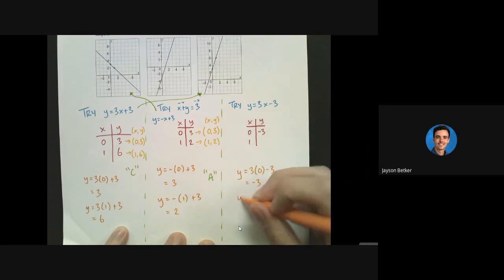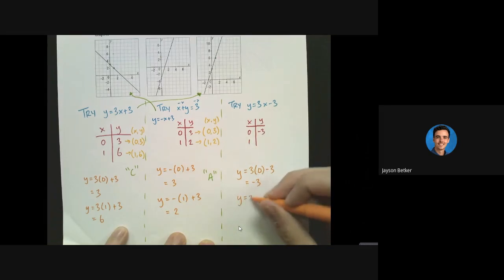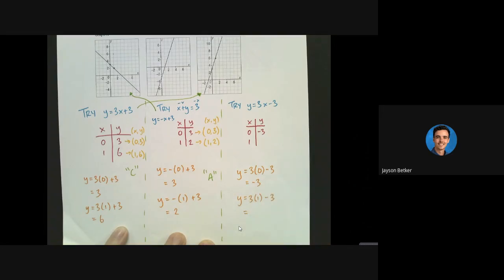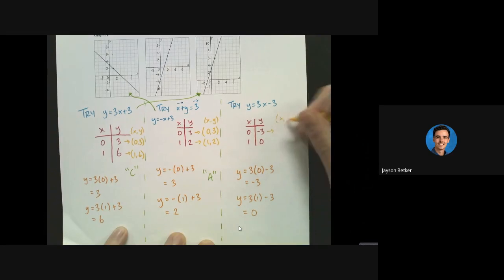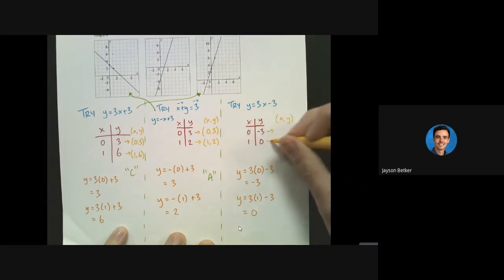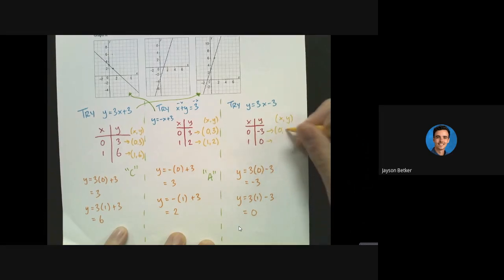And then if x is equal to 1, we get 3 times 1 minus 3. 3 times 1 is just 3. 3 minus 3 is 0. So 1 and 0. Again, in our points, our x and y format, we have 0 and minus 3, and then 1 and 0.